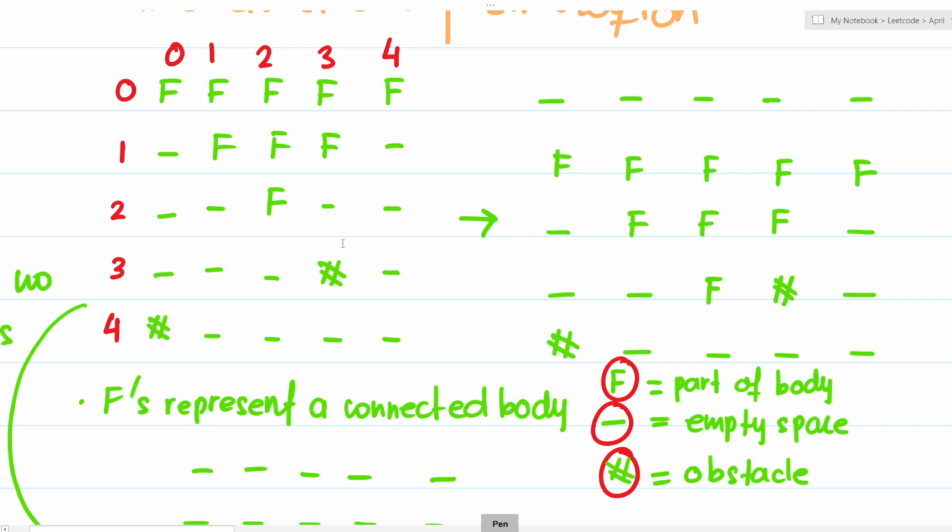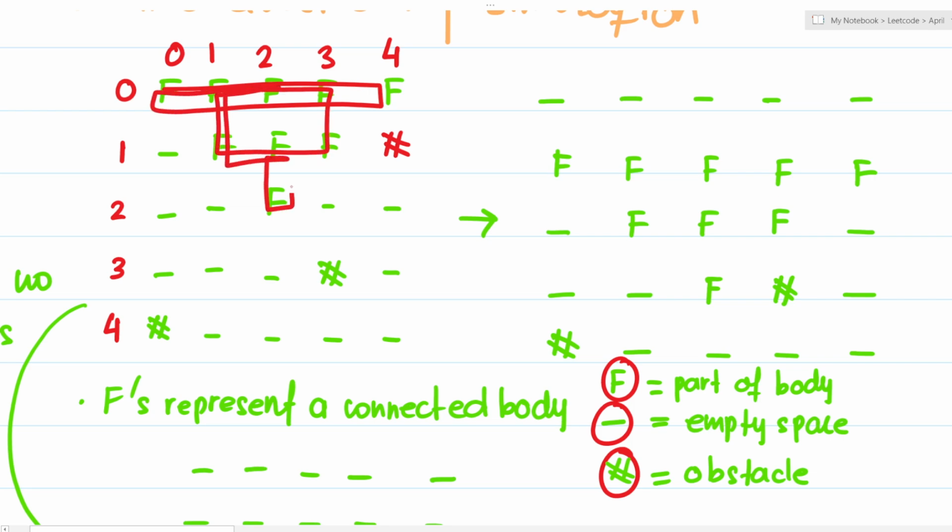But then, for example, let's say that I had an obstacle over here, something like this. And then the body wouldn't be able to fall down even 1 unit. Why? Because it's a connected body, right? It's one connected body, something like this. So it won't be able to fall down by even 1 unit. Why? Because this obstacle is in the way.